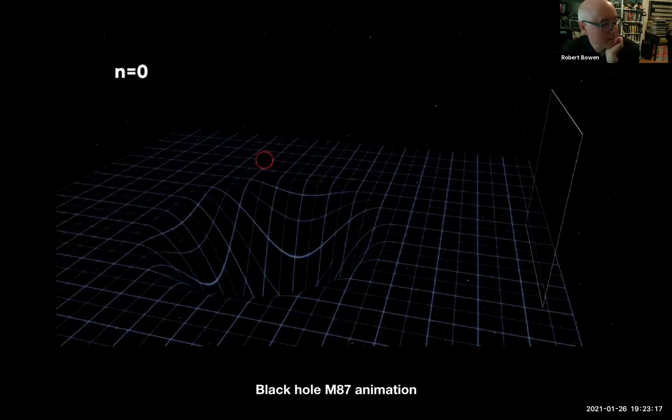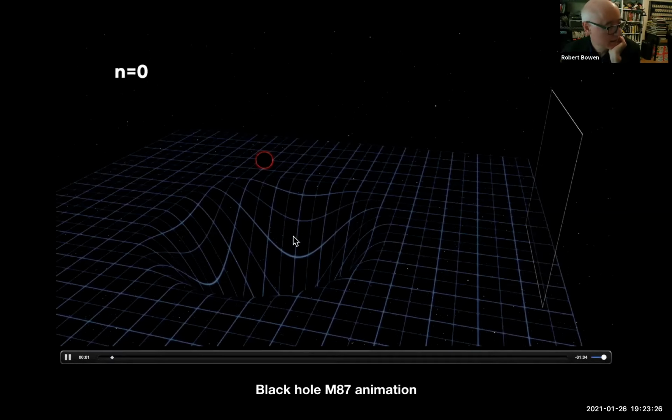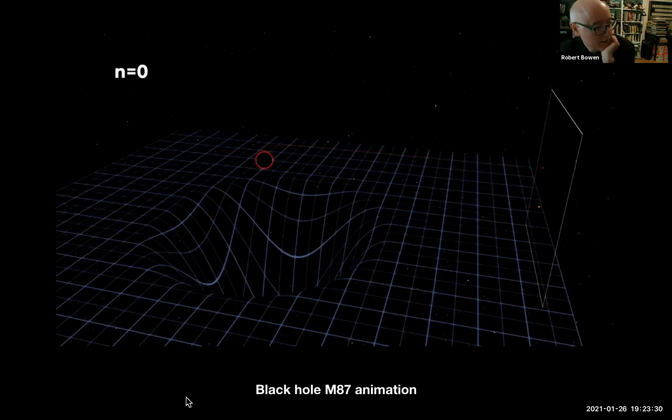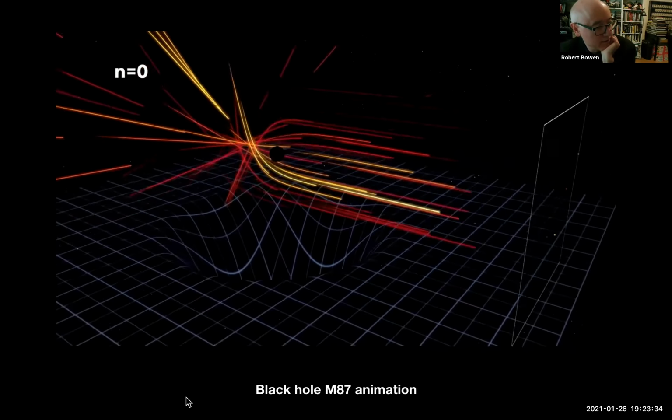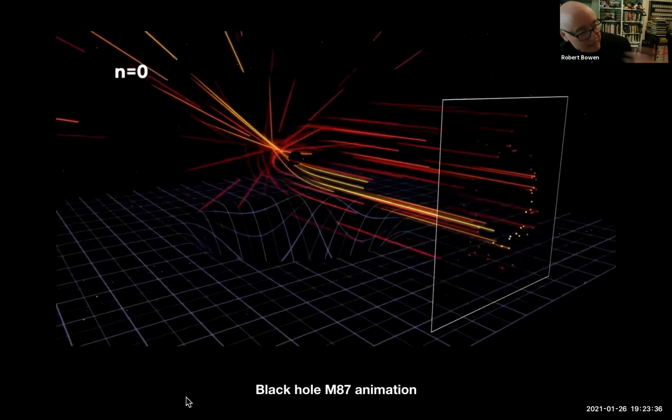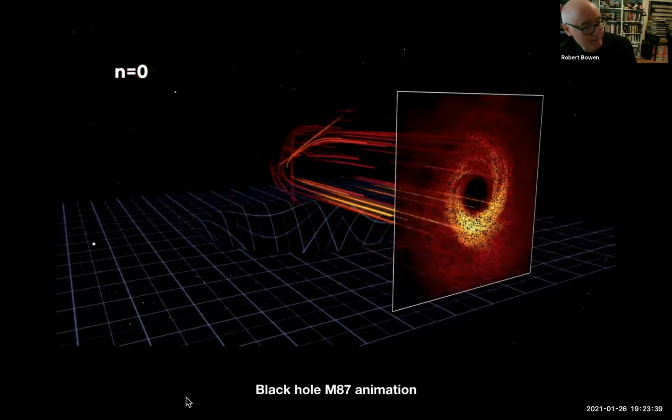So here's a science example of a black hole. And as you'll see, it's just a couple of seconds here. Those are rays of light that are assembling around the black hole. The tremendous gravity of the black hole is warping the light.